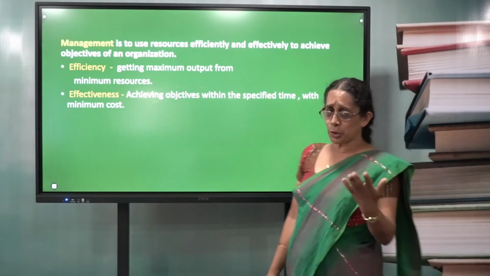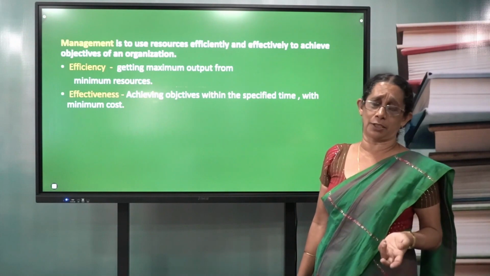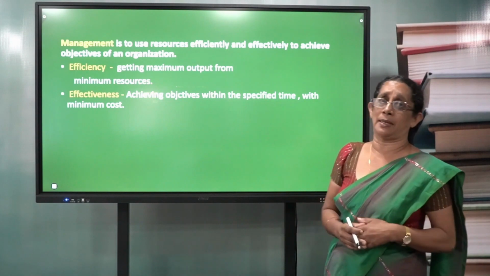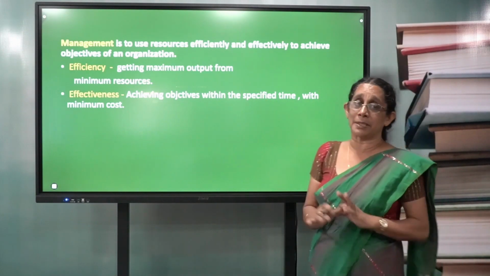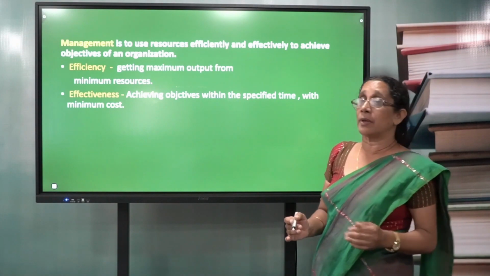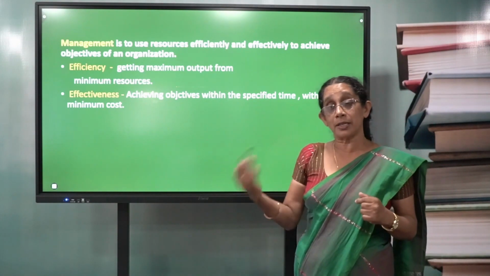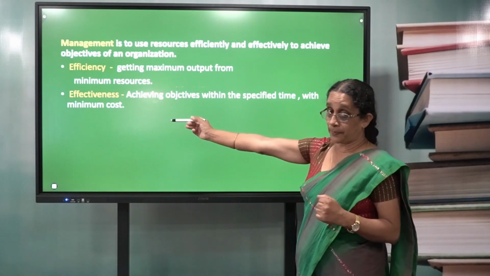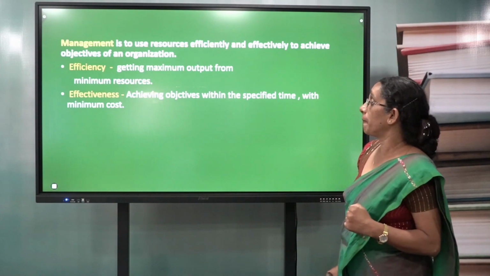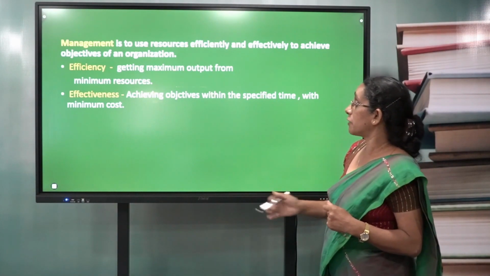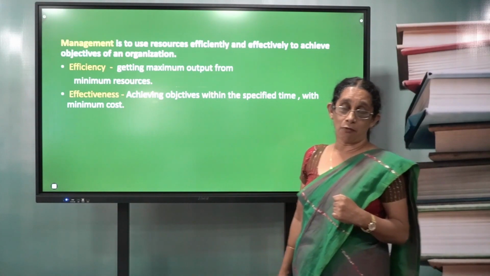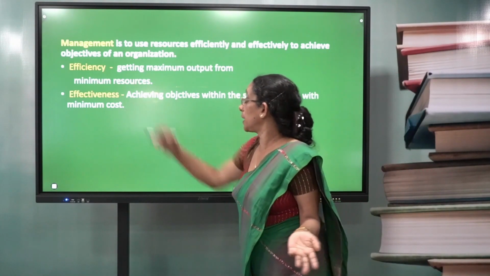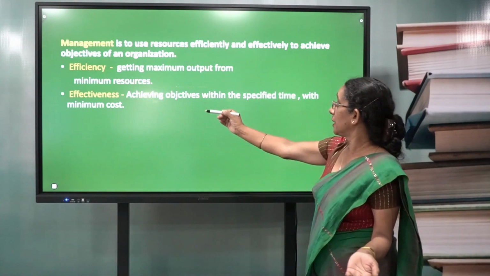Businesses have their own objectives, and to achieve those objectives they have set a particular time period. If a particular business can achieve its objectives within that specified time period while minimizing its cost, then we can say that the business is functioning effectively. Therefore, effectiveness means achieving objectives.